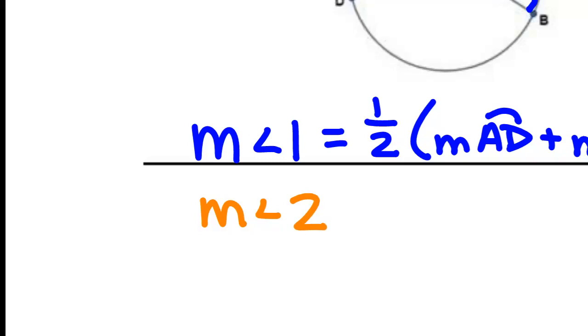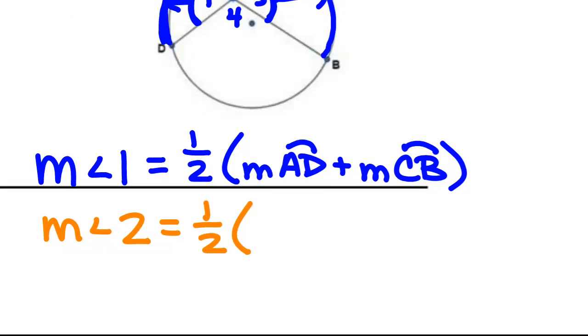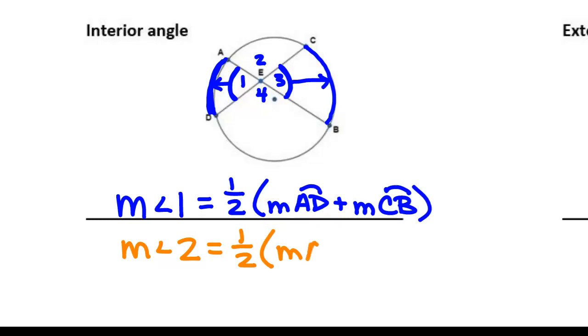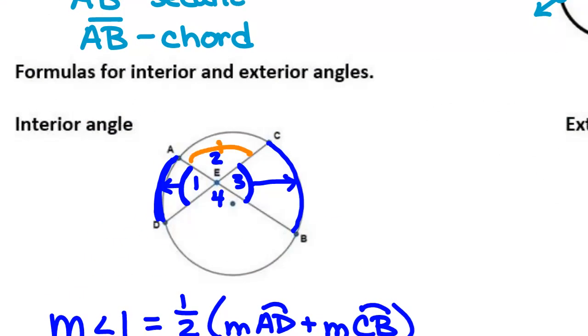How would I find the measurement of angle 2 then? What arcs would I have to add together? So it'd be 1/2 of which 2 arcs? Those are my angles. 2 and 4 are my angles. That's okay. So for angle 2, I would need this arc right here, AC, and which other arc?